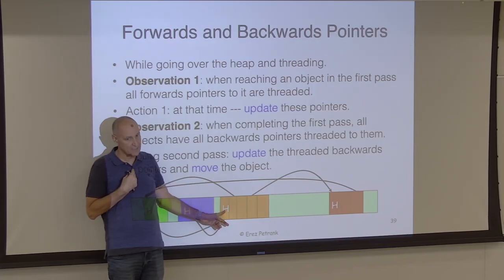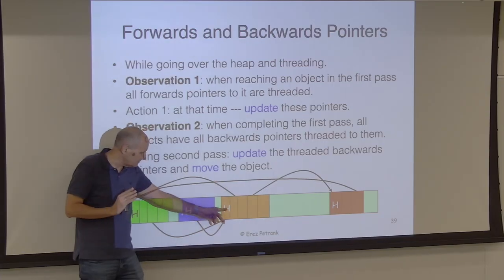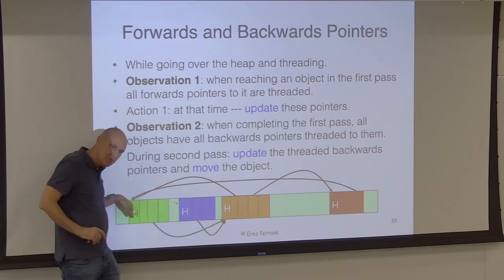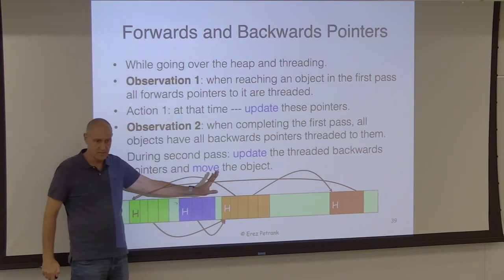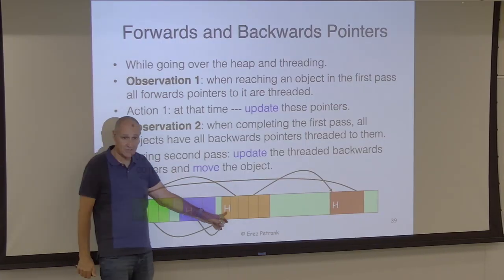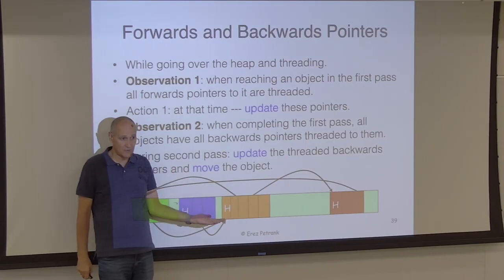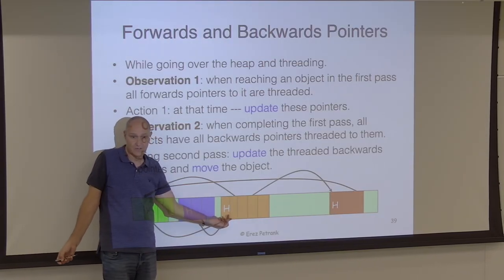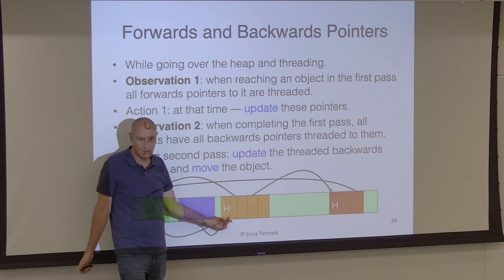But if I analyze it, these pointers are exactly the forwards pointers because what I've seen pointing to this object when I've looked at lower addresses are pointers that go from lower to higher addresses. So analysis says that I'm fixing forwards pointers, and from the point of view of the algorithm, I just fix all the pointers that are threaded into this object.